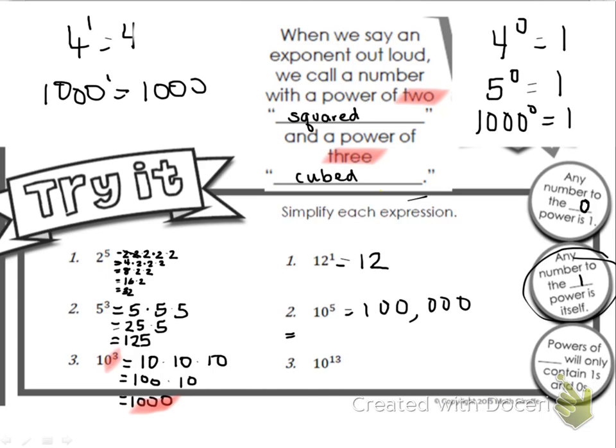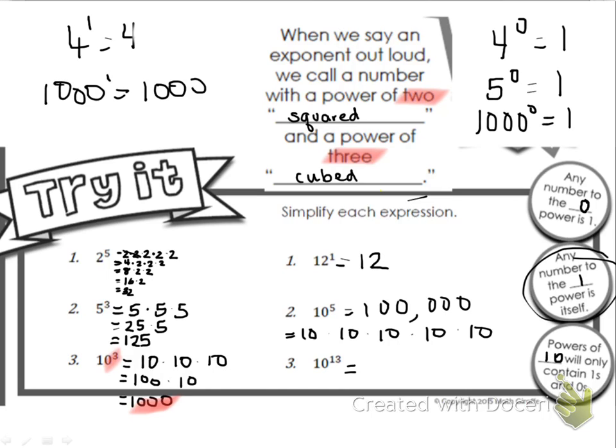So this is equal to 10 times 10 times 10 times 10 times 10. 10 times 10 is 100. Times 10 would be 1,000. Times 10 is 10,000. And times 10 is 100,000. So the nice thing about anything with a base of 10 and an exponent is that it's just going to be the 1 and that many zeros. So powers of 10, that's my rule over here, will only contain ones and zeros.